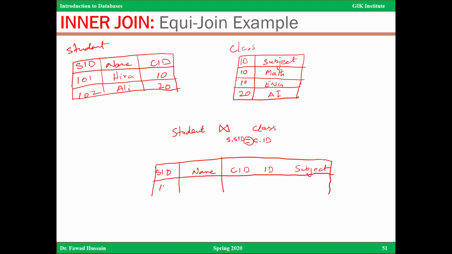So here we are going to have 101 and 10, math, and 101, 10 and English, and then 102 Ali, 20 and AI.